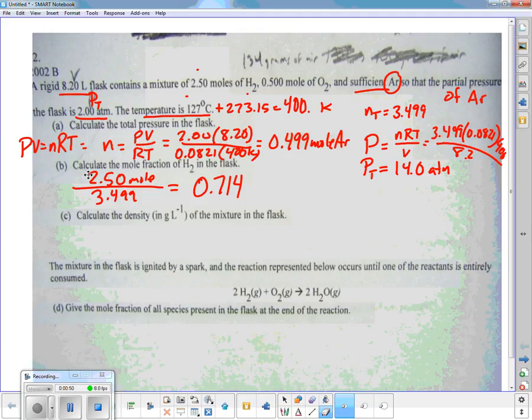All right, so then we need to calculate the density in grams per liter of the mixture in the flask. So this is where you would take n, and remember n is grams per mole, right? And you're going to plug it into PV equals nRT. So we're going to change that n to grams divided by mole, RT.